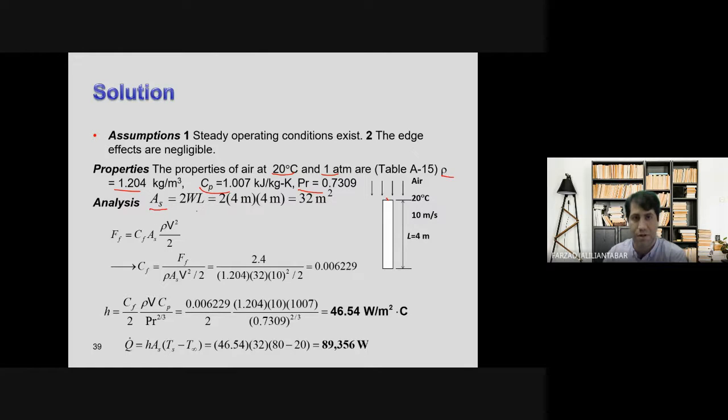You will see why these properties are important. We are going to calculate Q dot, so we need to have H, AS, TS, T infinity. TS and T infinity are given, but AS we need to calculate here.